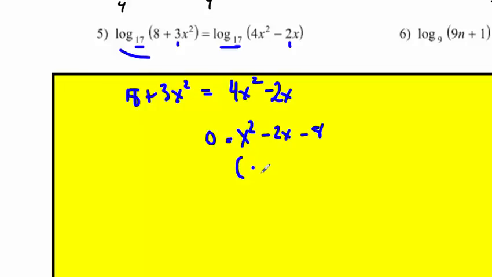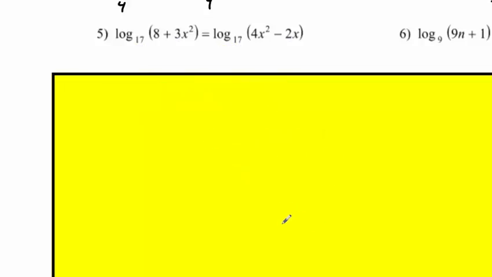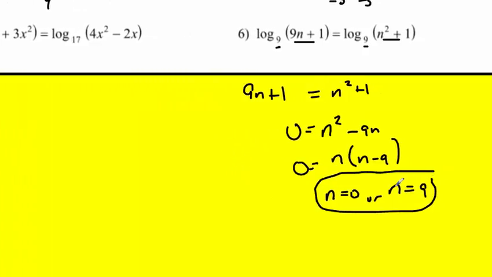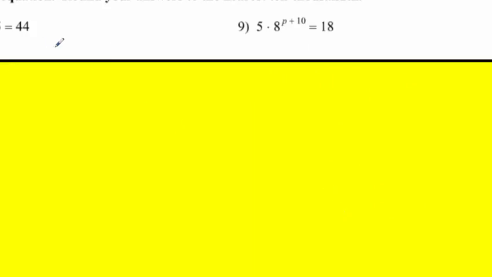Now I can see I have a quadratic equation. I can simply factor. So this would be x minus 4 and x plus 2. And therefore x has got to equal either 4 or x is equal to negative 2. Now this one I do want you to check for extraneous solutions, but we'll worry about those at a later date. So those would be my two answers. Once again, I would need to check for extraneous solutions and see if these actually work, but I'm not really worried about that for the quiz right now.